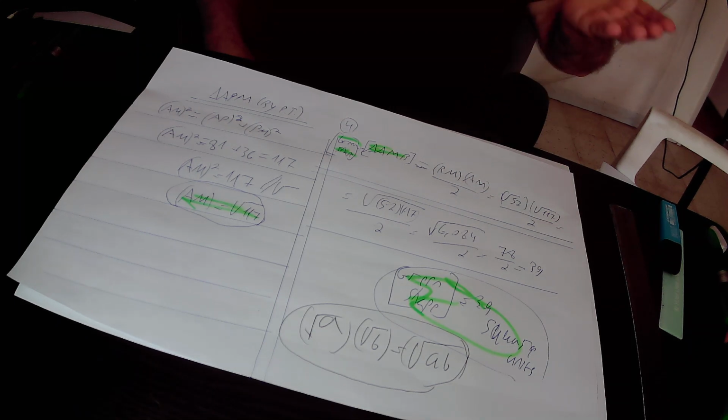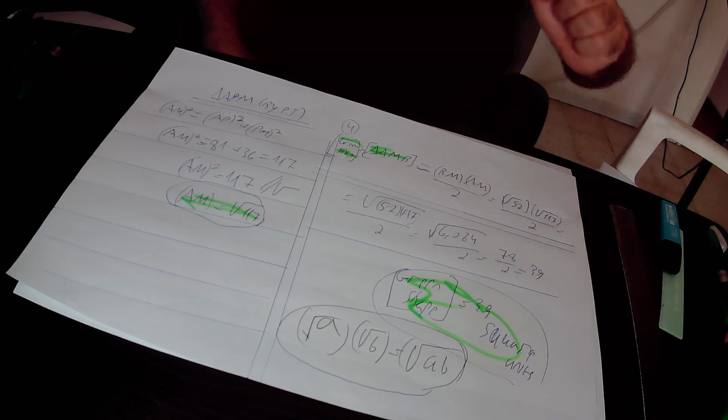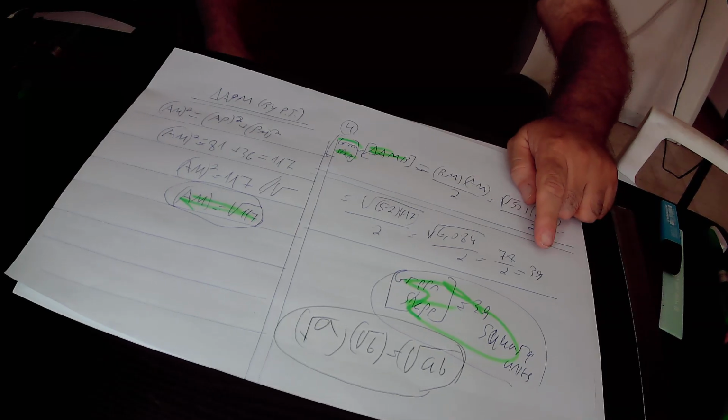So the area of the green shape equals the square root of 6084 over 2. The square root of 6084 is 78, and we divide it by 2. 78 over 2 is 39.